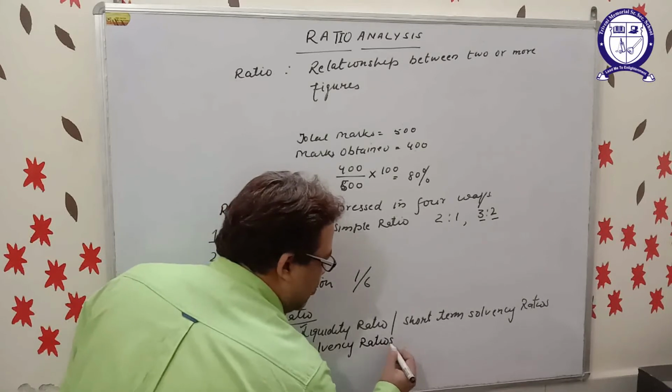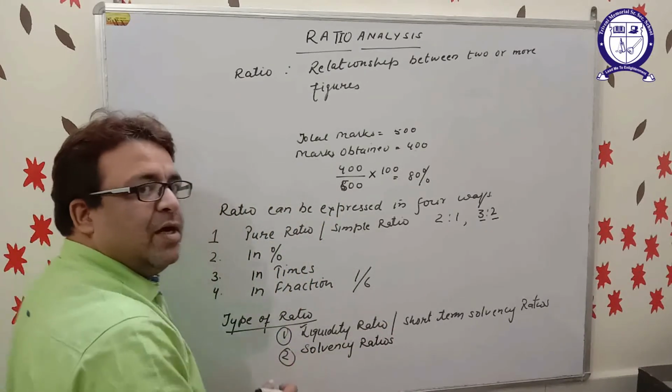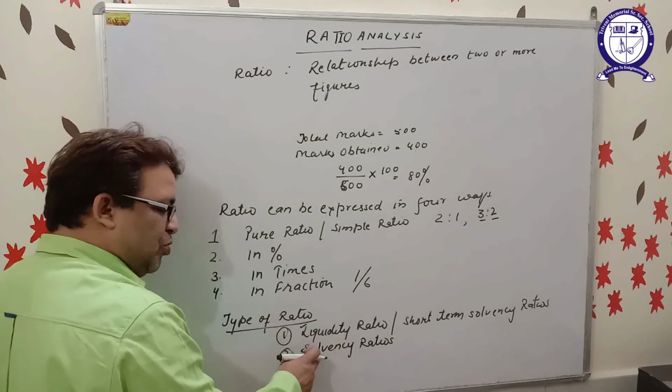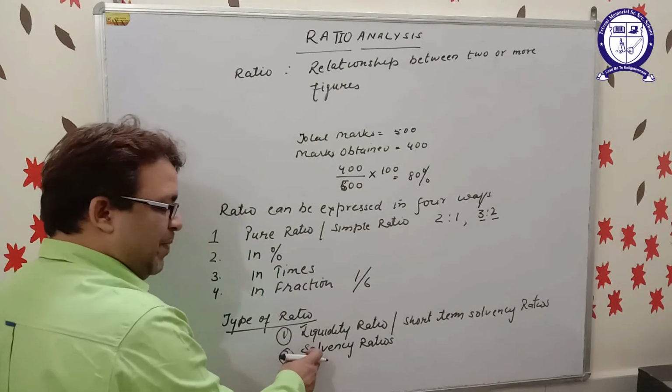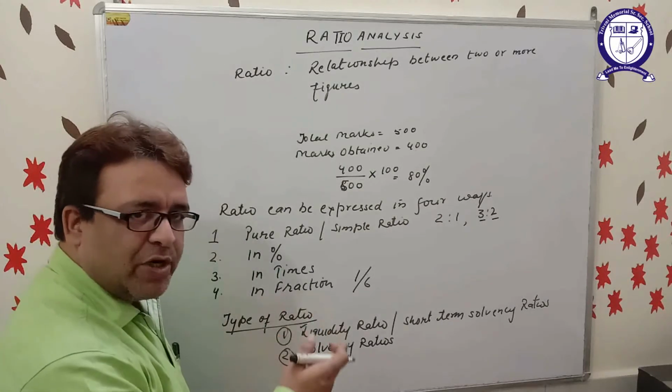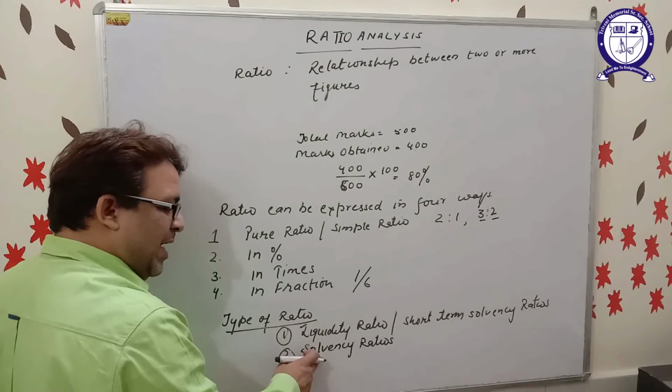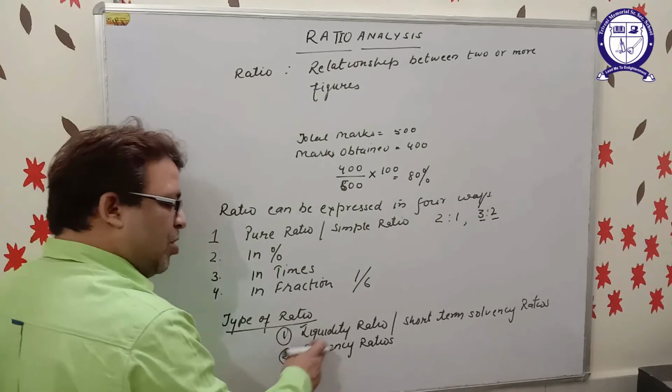Second, solvency ratios. These ratios are used to check the long-term solvency position of the company. We want to check whether our company is able to meet its long-term liabilities or not, whether the company is able to pay the interest on long-term liabilities or not.